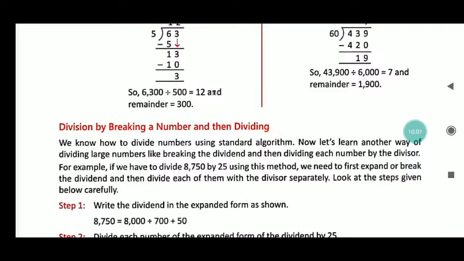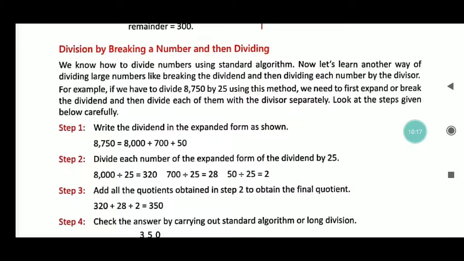Look at the steps given below carefully. To understand these lines, we have to go through the steps. Step 1: write the dividend in the expanded form as shown. That means 8750 in expanded form would be written as 8000 plus 700 plus 50.